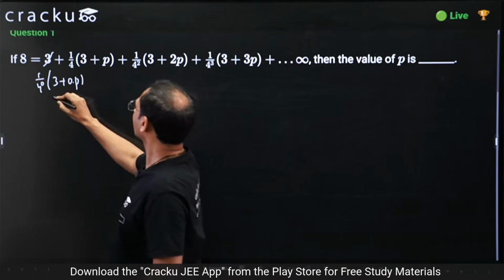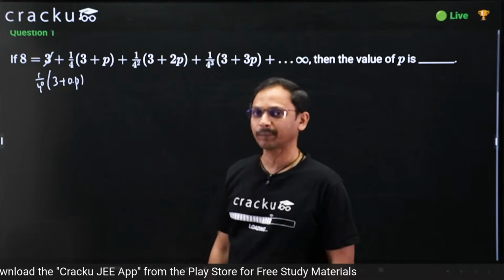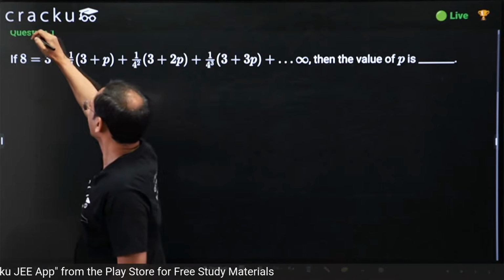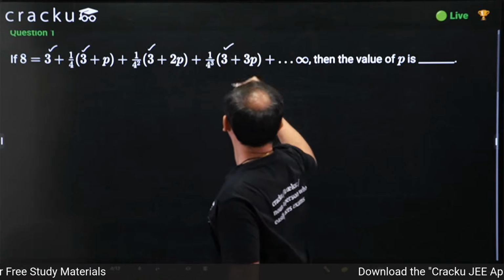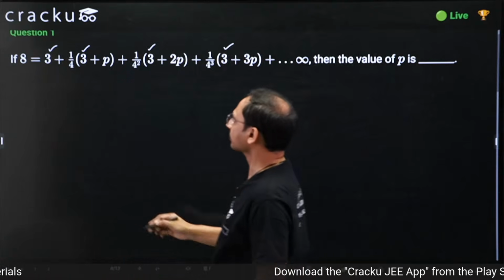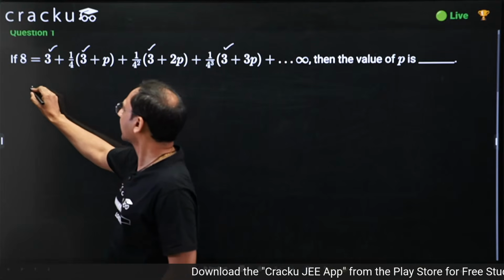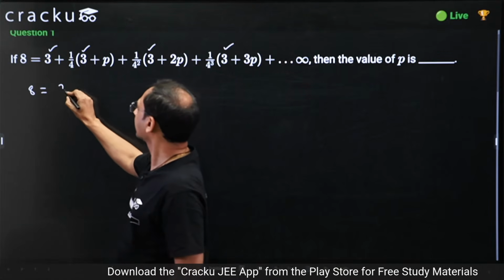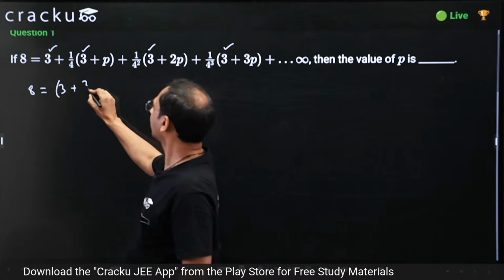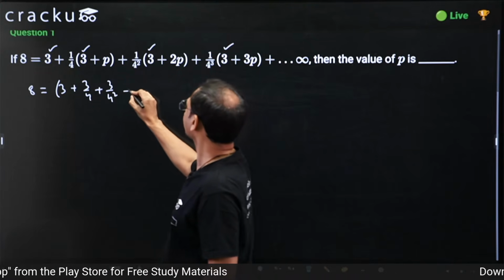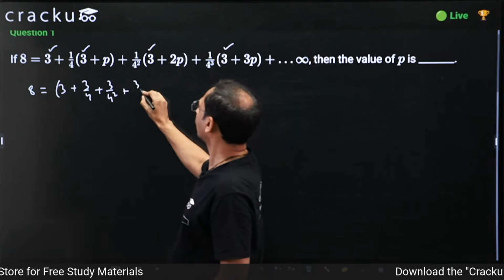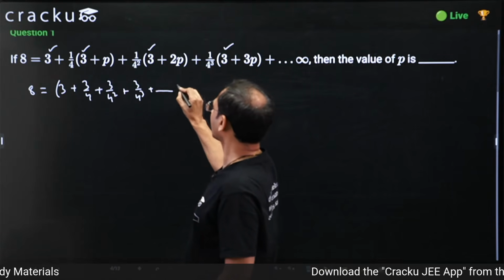So all the terms are following this pattern. So what we can do is, you pick up the first terms in each and every pair. So if you take the first terms, I'll get 8 is equal to 3 plus 3 by 4 plus 3 by 4 square plus 3 by 4 cube and so on.